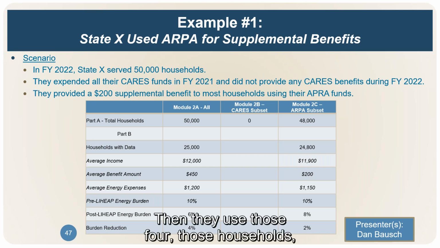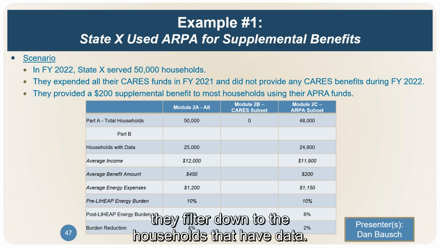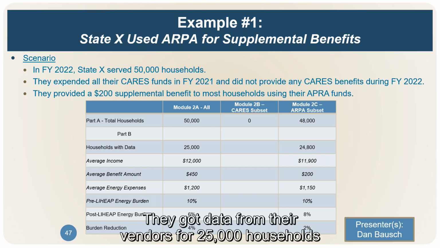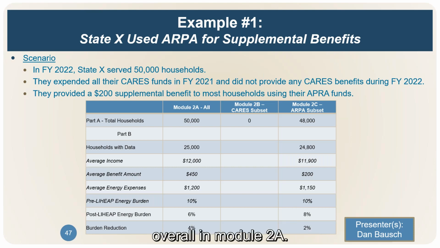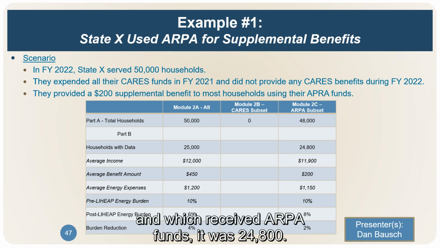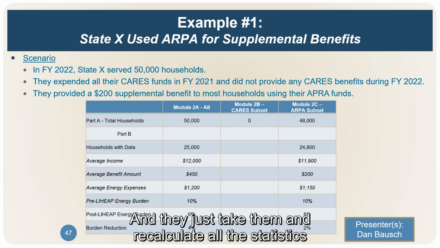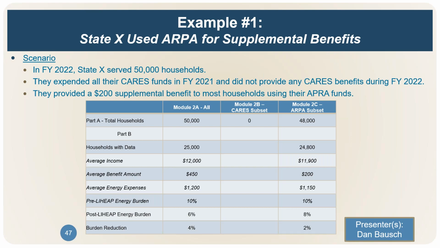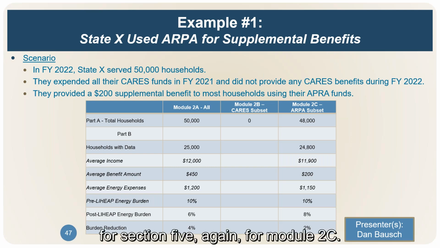Then they use those households. They filter down to the households that have data. They got data from their vendors for 25,000 households overall in module 2A. When they look at those 25,000 households and which received ARPA funds, it was 24,800. And they just take them and recalculate all the statistics for section 5, again for module 2C.